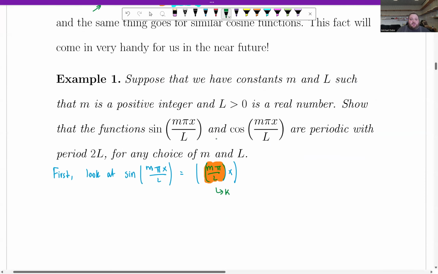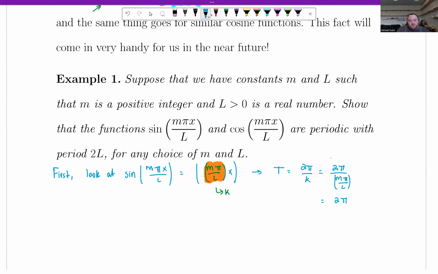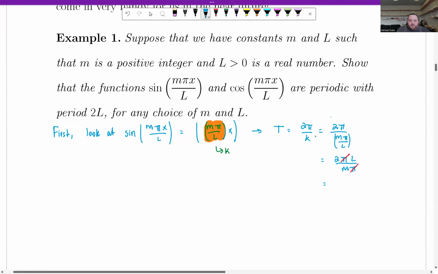So that is our k. So therefore, this period will equal 2 pi by k, which is equal to 2 pi over m pi over l, which would equal 2 pi times l over m pi. Okay, and so we see that these pi's can cancel out, and so we get equal to 2l over m.